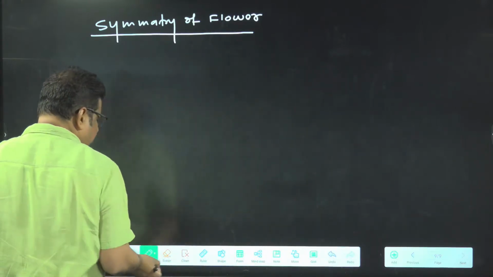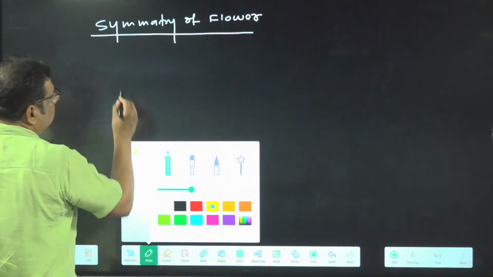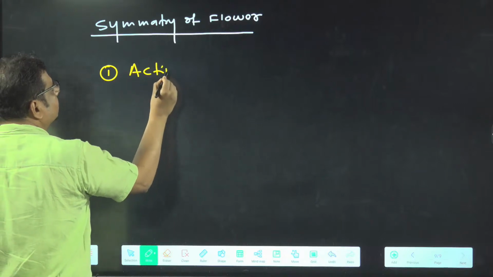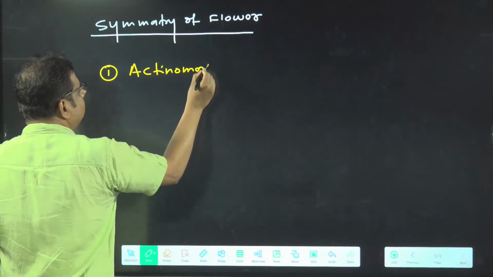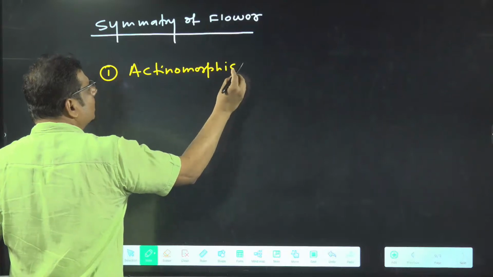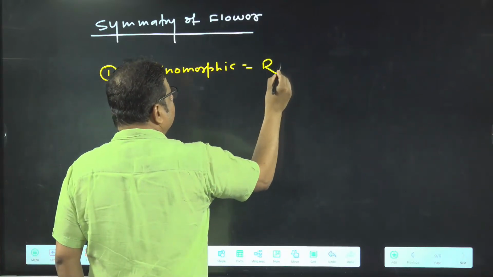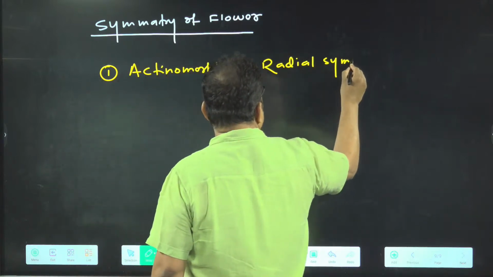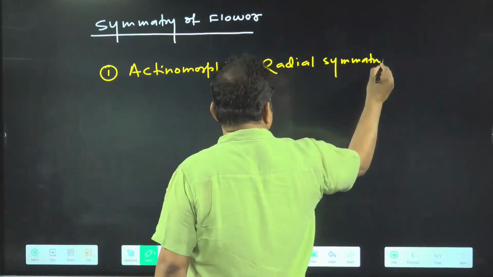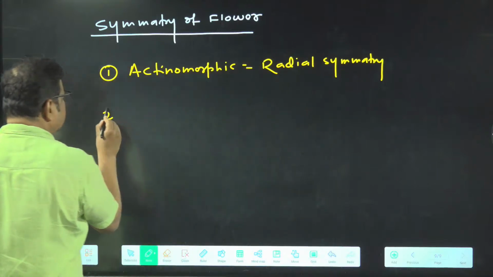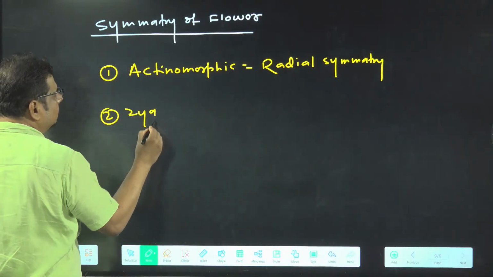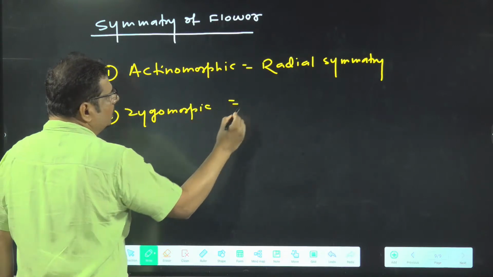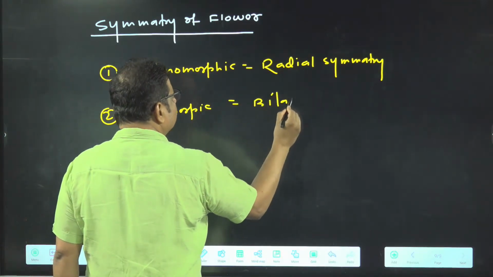So I am just telling you, based on symmetry, there are three kinds of flowers. Actinomorphic, which is equal to radial symmetry, a common word you study in zoology. Second one is zygomorphic, which is bilateral symmetry.